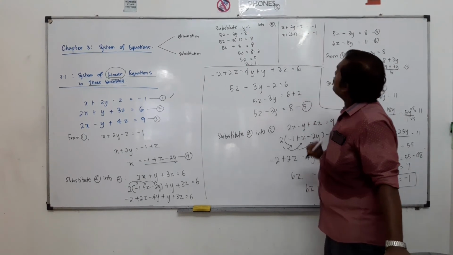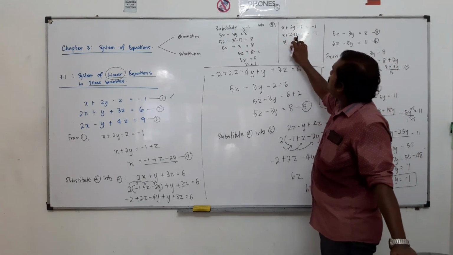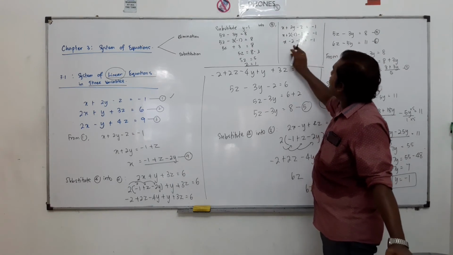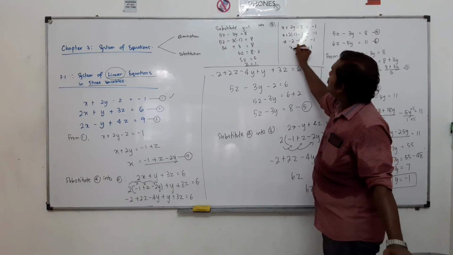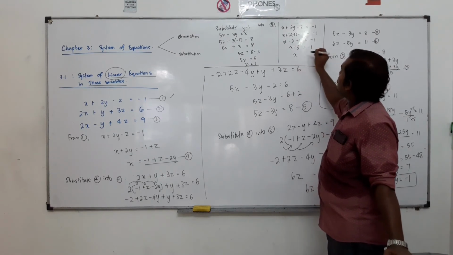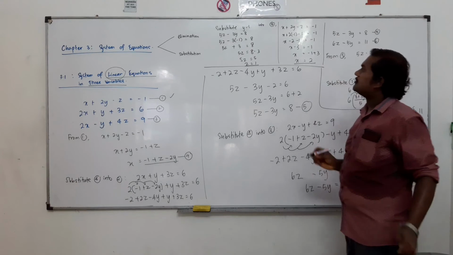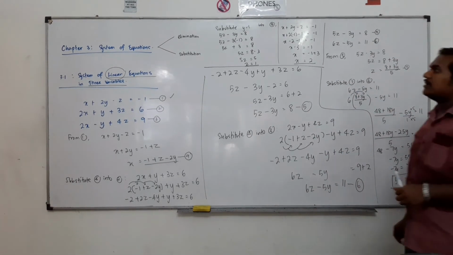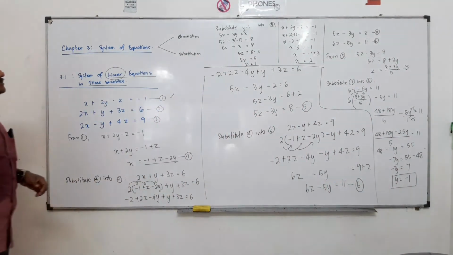Everything equals to negative 1 according to the equation. So x, positive 2 multiply negative 1 will be negative 2. Negative 1 equals to negative 1. Negative 2 minus 1 will be negative 3 equals to negative 1. Negative 3, and finally x is equal to 2. So we already found the values of all three variables. Z is 1, y is negative 1 and x is 2.